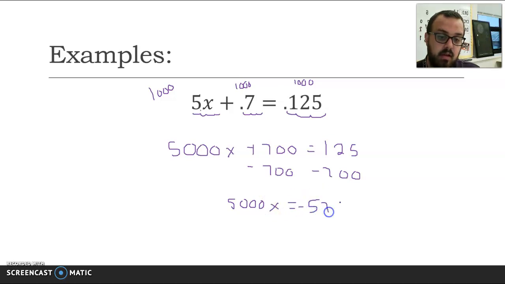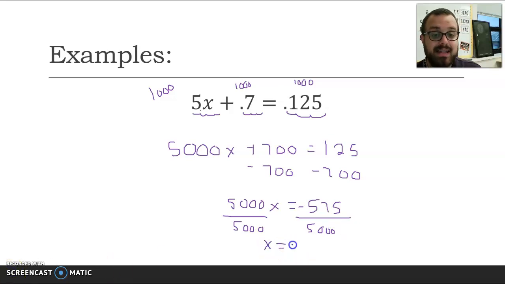And then I'll divide by 5,000, and we'll get that x equals negative 23 over 200. And there's my final answer, okay?